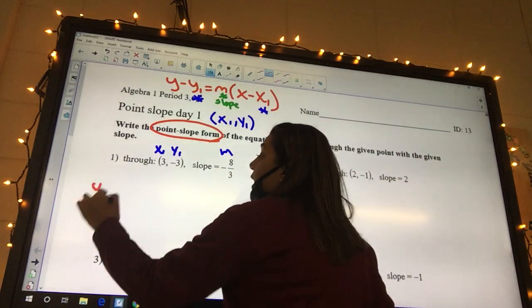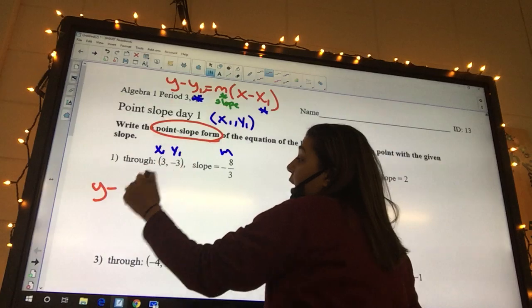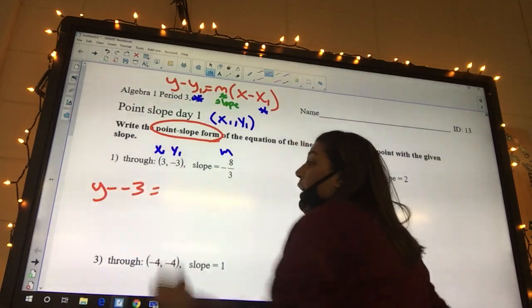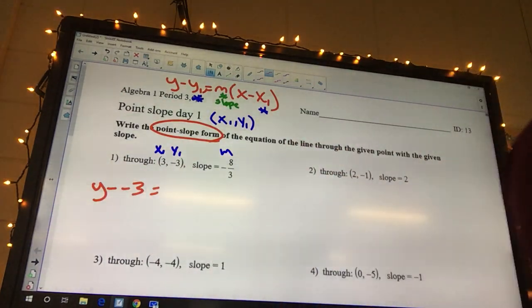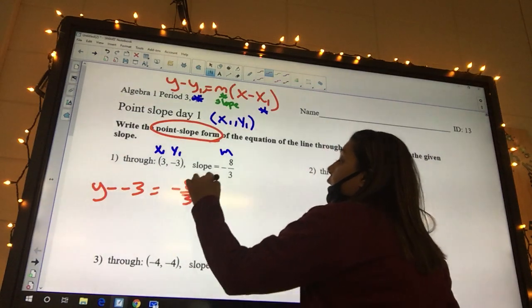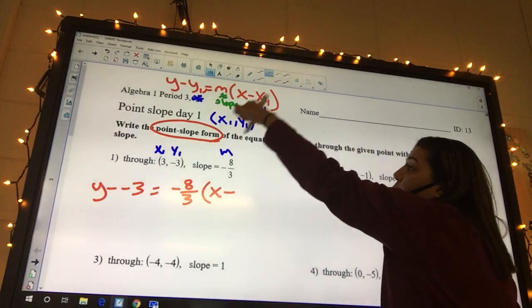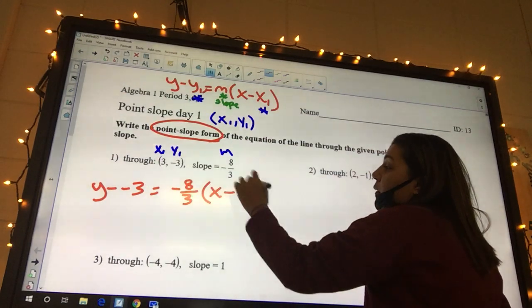So we got y minus y sub 1, which is -3. I got that minus there because the minus already goes there, and then whatever the y sub 1 is. Equals, our slope is -8/3, parentheses, x minus x sub 1, which is 3.